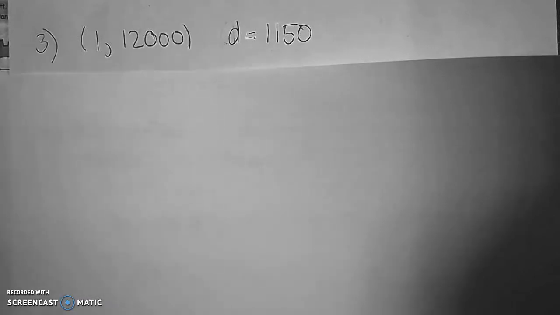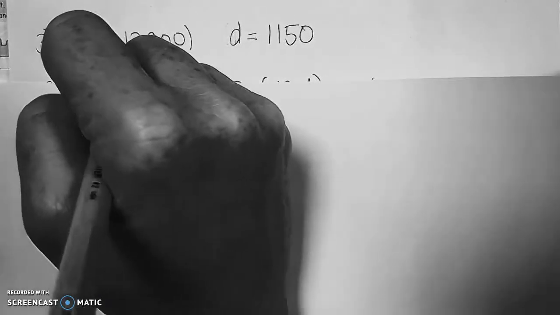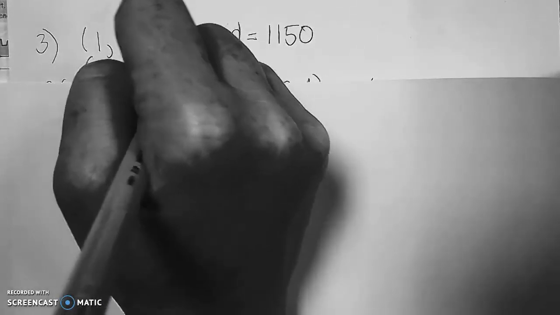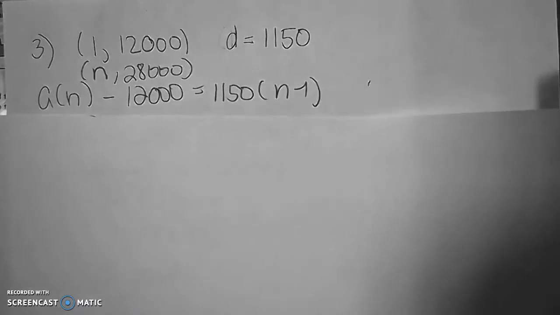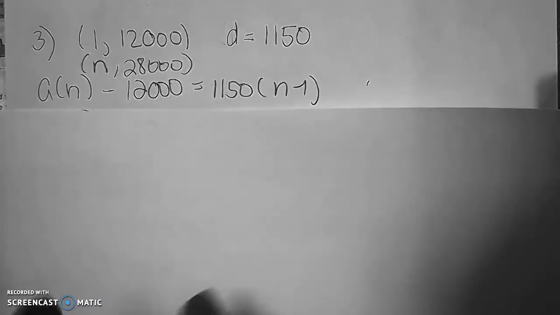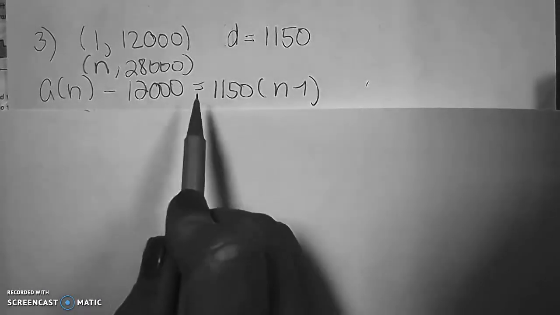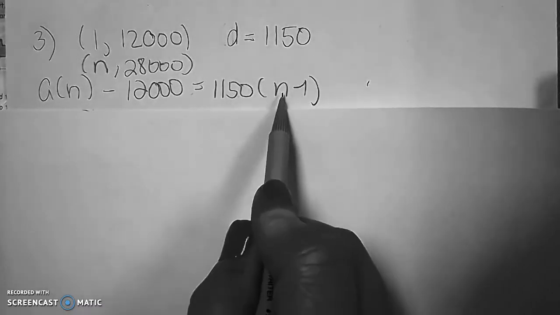The first part says, how many years will it take them to reach the maximum salary? So you're wanting to know how many years, so that would be N for 28,000. The first thing I did is I wrote this in point slope form. So A sub N minus 12,000 will equal your rate of change times N minus 1.